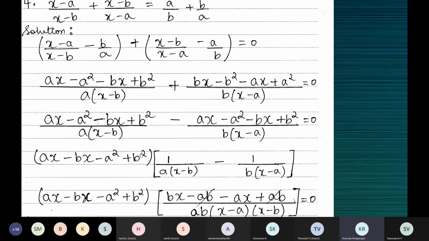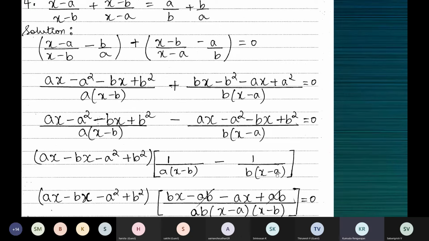So it will be BX minus AB minus AX, minus into minus plus AB. The numerator 1 should be multiplied with this.